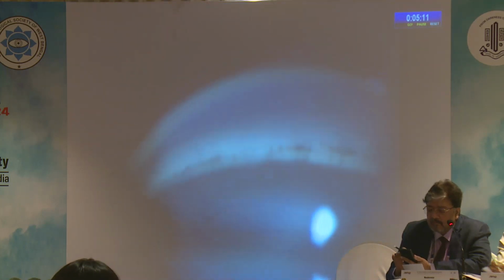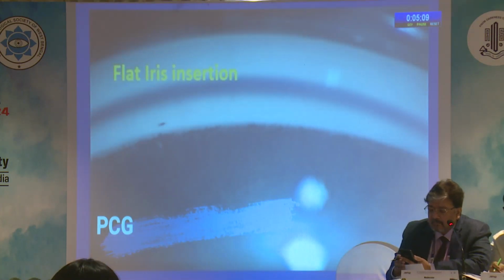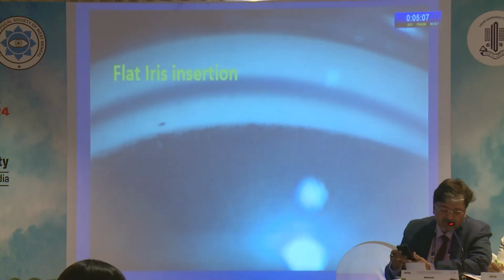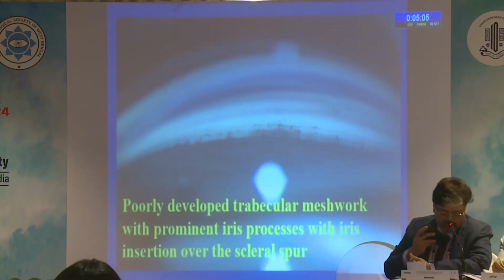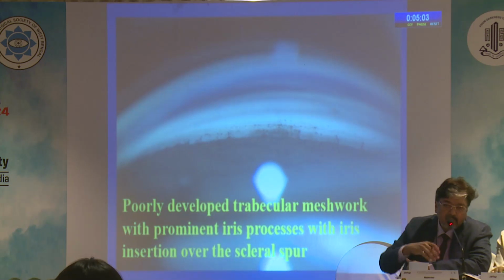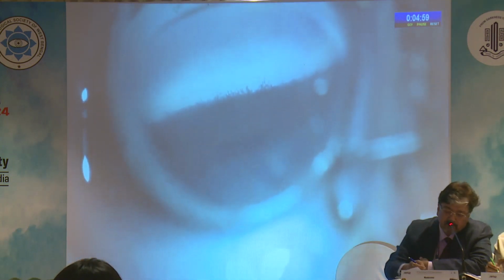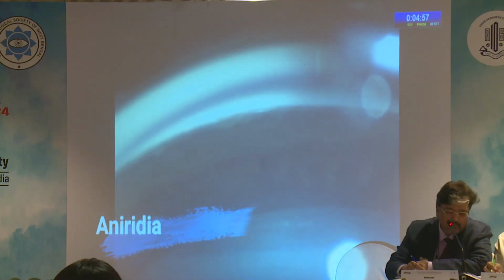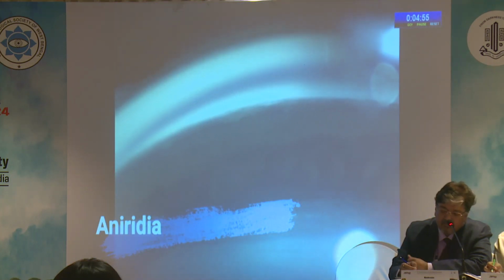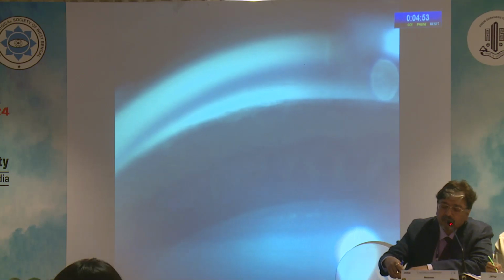In children with primary congenital glaucoma, we see flat iris insertion and a poorly developed trabecular meshwork. Sturge-Weber showing the high iris insertion and iris processes. In aniridia, we see congenital hypoplasia of iris and a rudimentary iris stump along with ciliary processes.